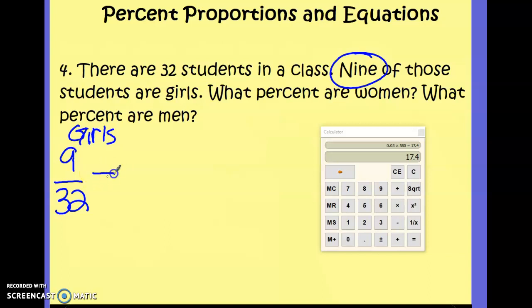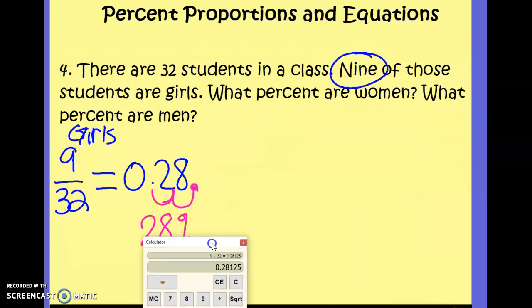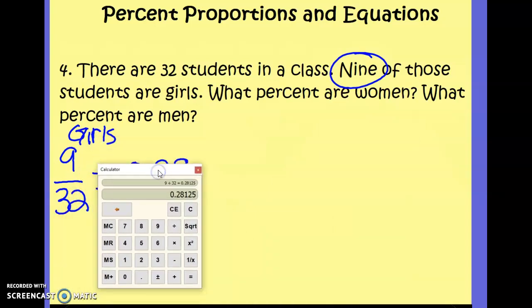So 9 divided by 32 is 0.28. Then I move the decimal over one place, two places, so I get 28%. Now we're trying to find how many are boys. First we take 32 and subtract the 9 girls, which gives us 23. So we have 23 boys out of 32.